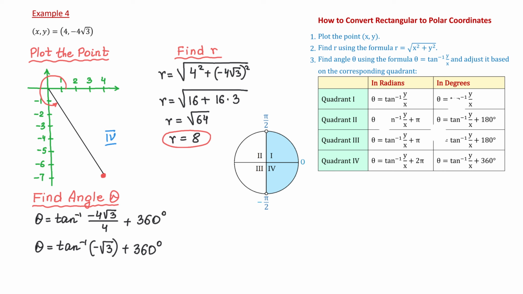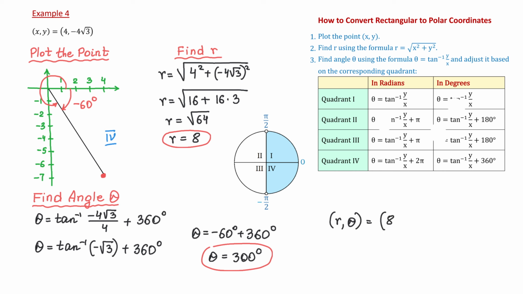So if we use the calculator to find the inverse tangent of negative square root of 3, we will get negative 60 degrees. And this is this angle. But to find this angle, we need to take negative 60 degrees and add 360. So theta equals negative 60 degrees plus 360 degrees, and theta is 300 degrees. So then the polar coordinates r and theta are 8 and 300 degrees.